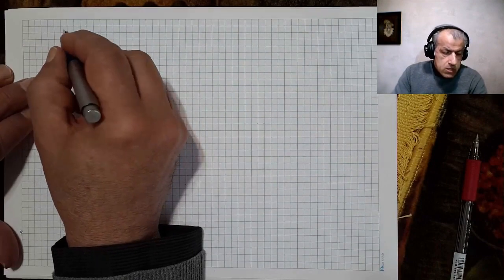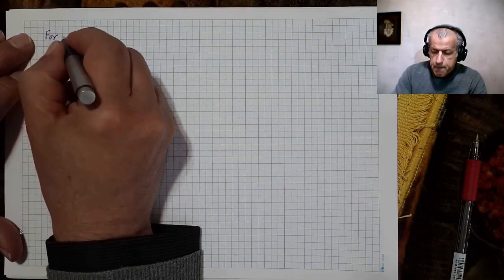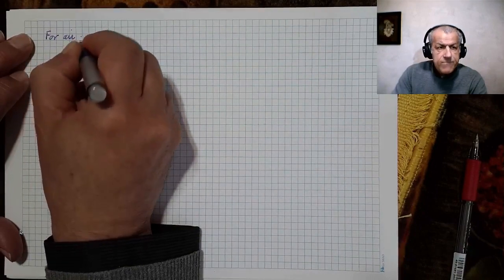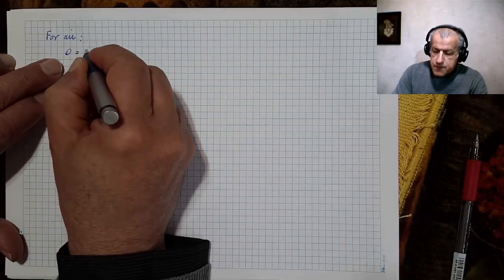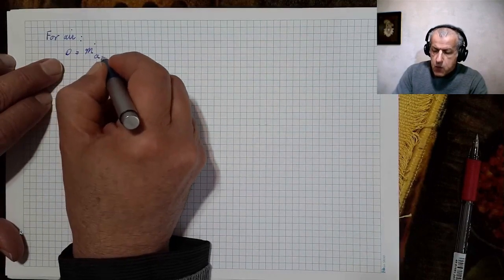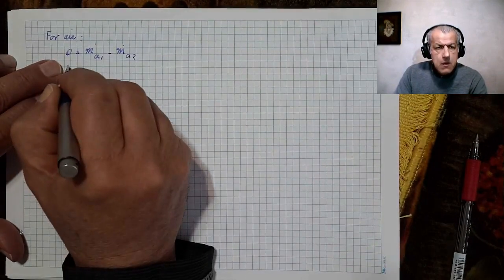which for air, it would be 0 equals m dot A1 minus m dot A2.